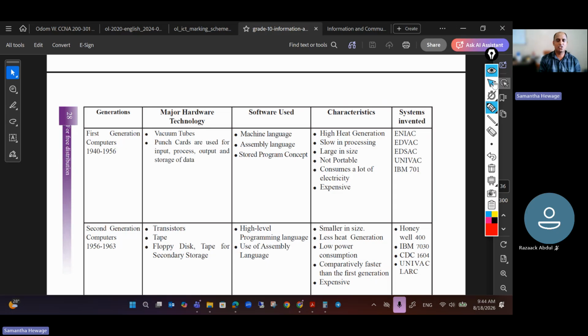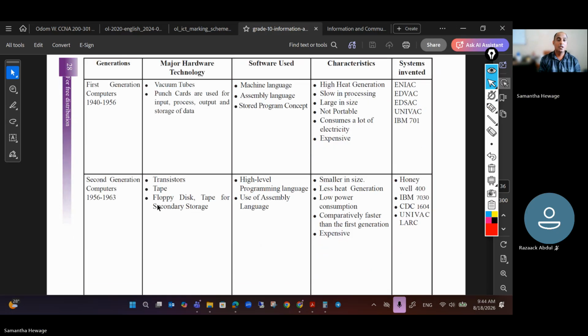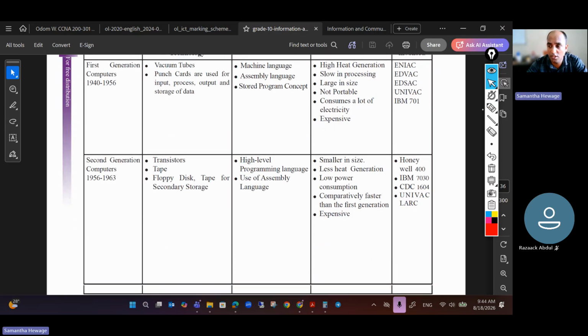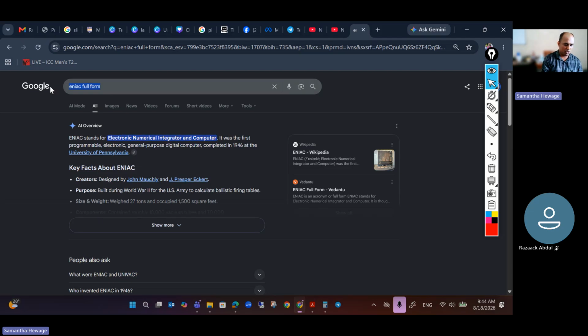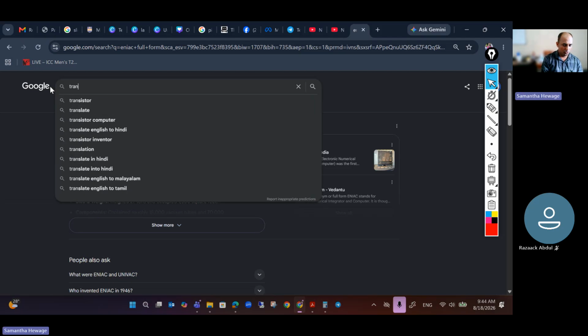Okay, let's move to the second generation. For the second generation, mostly they might ask about the technology, transistors. I think you are aware of transistors. Sometimes in a printed paper they will show some pictures and ask you what this is. Then you should know what this is.